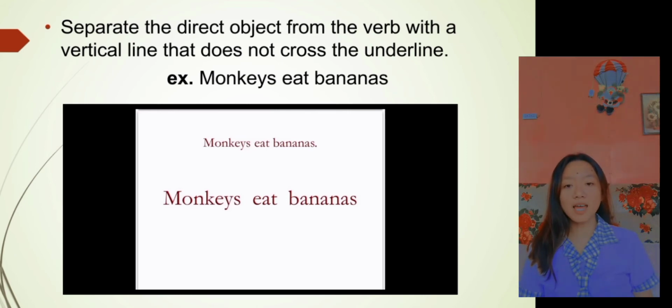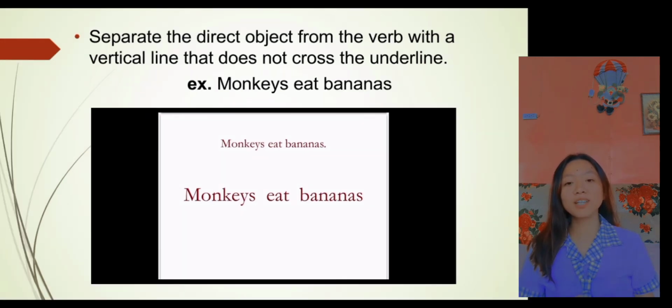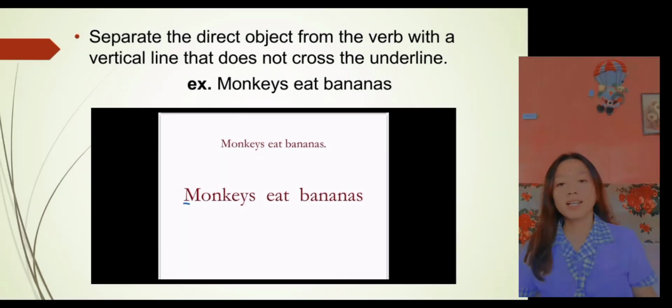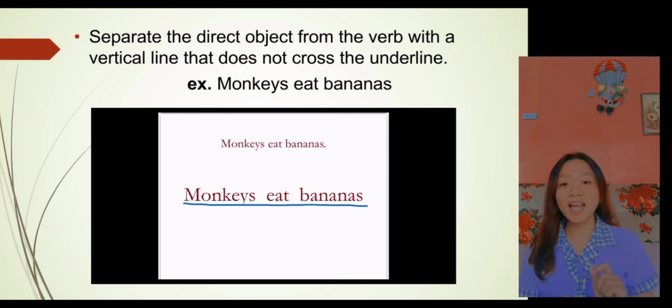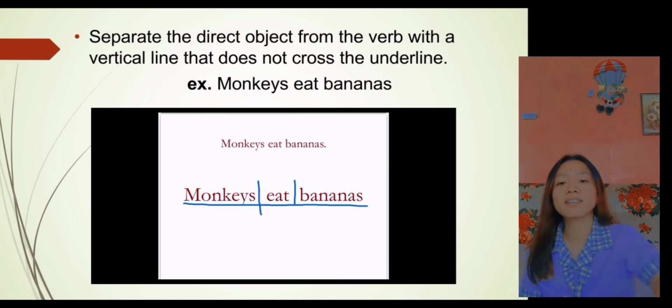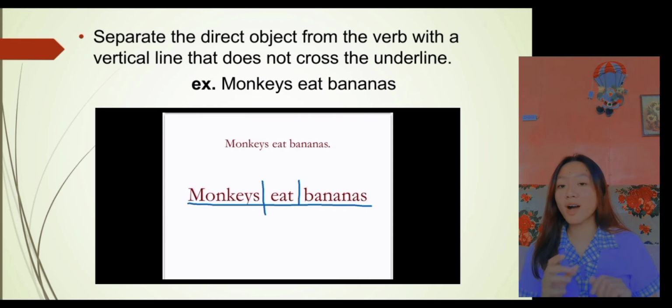Going back to our steps, we place our subject, verb, and our direct object together and underline them. Then, we separate our subject and verb with a vertical line that crosses the underline. Then, we separate our verb and our direct object with a vertical line that does not cross the underline. This is what we do when we have a direct object in our sentence.